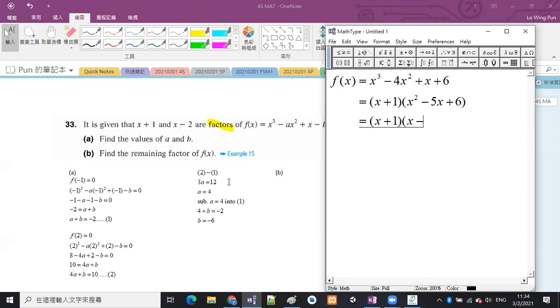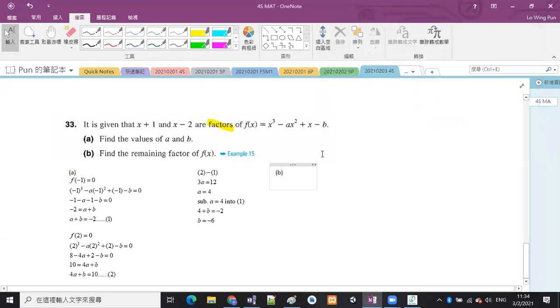It should be x minus 2, because we already know that the second factor is x minus 2, right? But the last factor should be x minus 3. So you just use the cross method or the formula, and you can find these 2 factors from the calculator. Okay, so f(x) is factorized as this, but you need to answer the question.